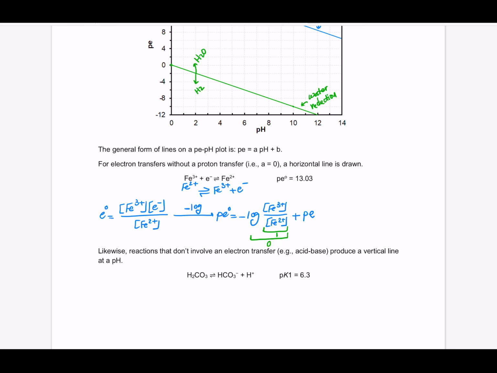Therefore, what we're getting is basically pe equal to pe0, which is basically a horizontal line. In this case, this is 13.303.